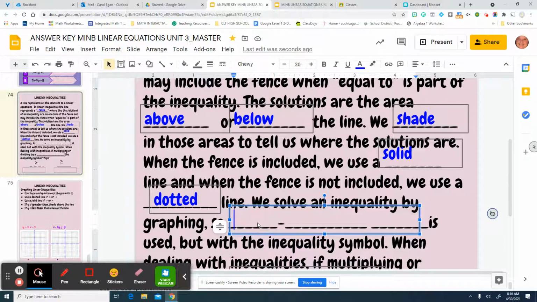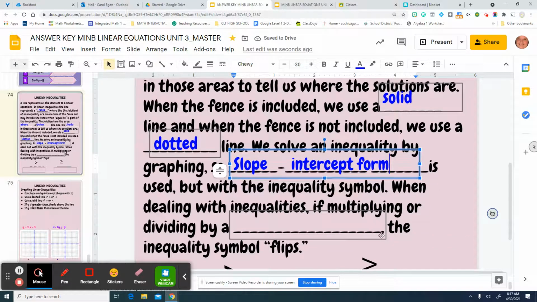We can do substitution, but because we're not looking for a very small percentage of solutions, we have a whole area, we usually represent the solution by graphing. We're going to first put that inequality into slope-intercept form, right? That's the form that makes our graphing a little bit easier for us.